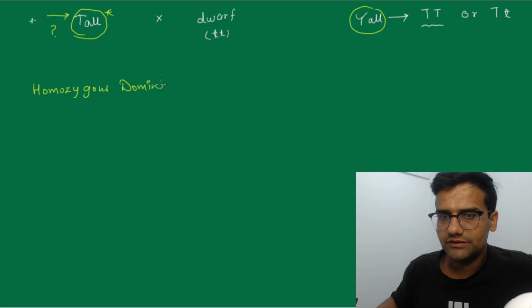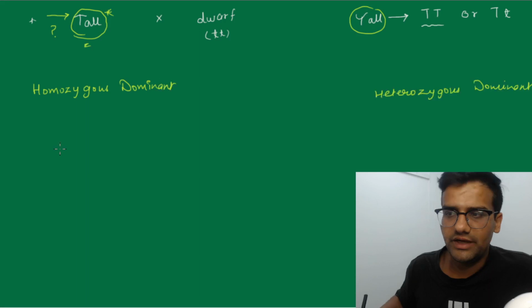What we do is check this tall plant with the test cross. If the genotype is homozygous dominant, we cross this plant with the homozygous dwarf, small t small t. We don't know the genotype of this plant. Let us say this genotype is homozygous dominant.